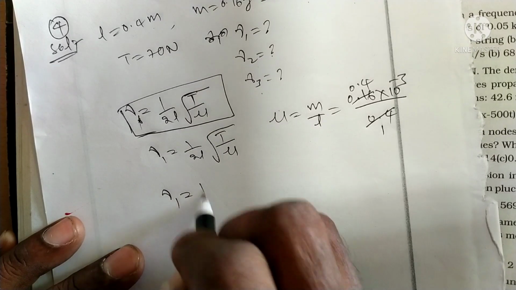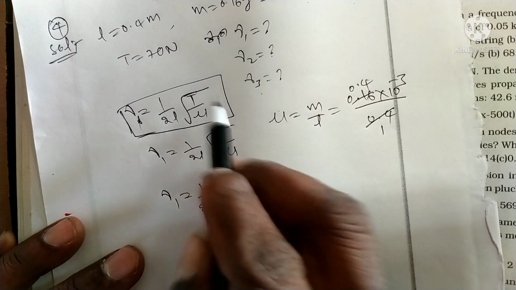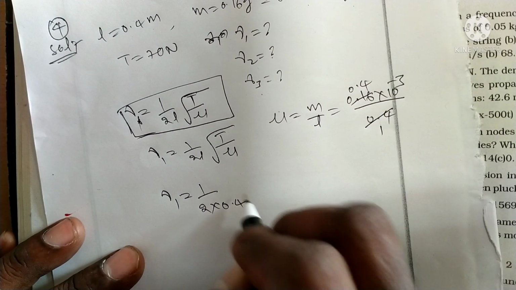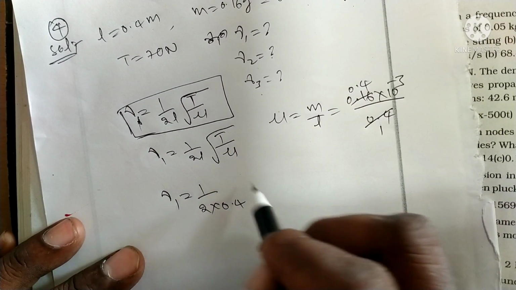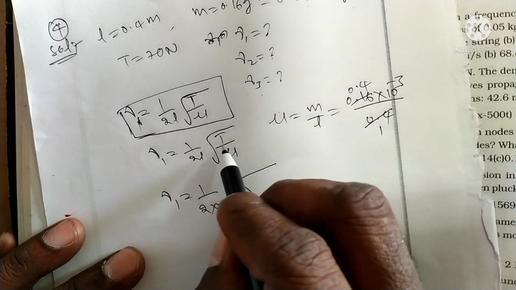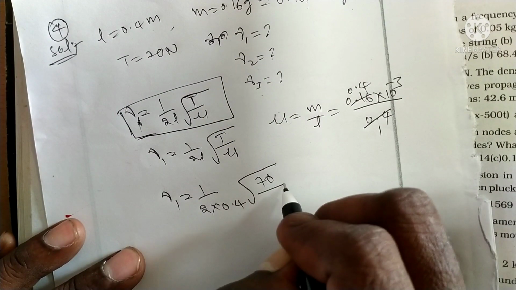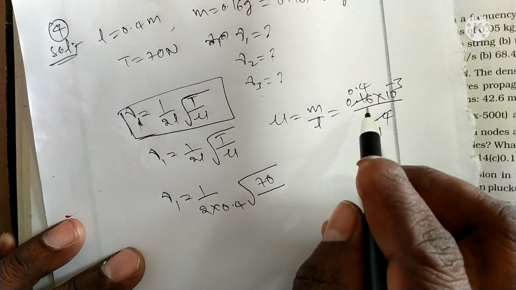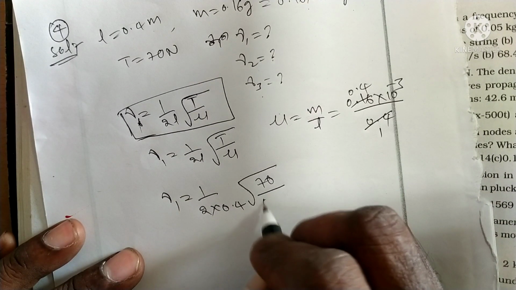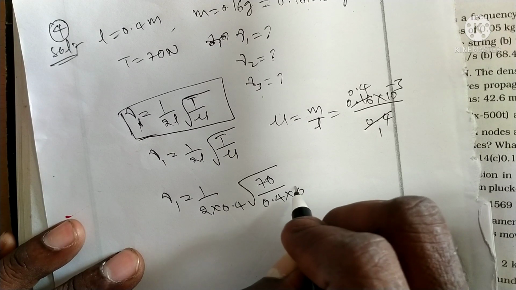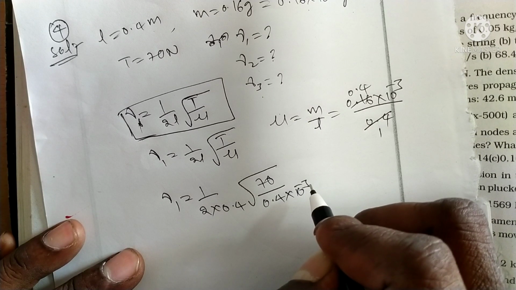Nu1 is equal to 1 by 2 into the L value 0.4, under root of tension 70 by mu.